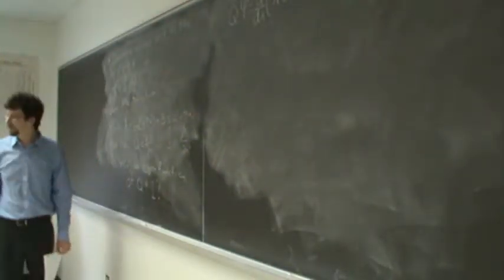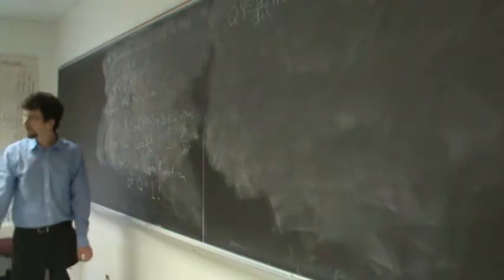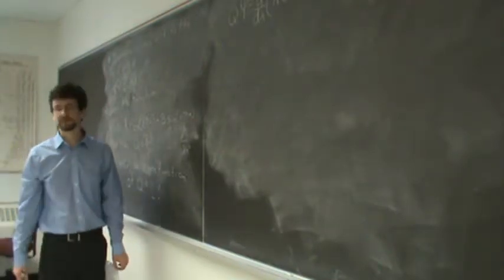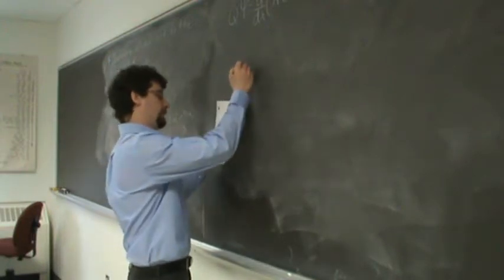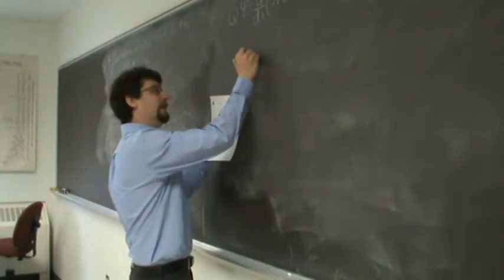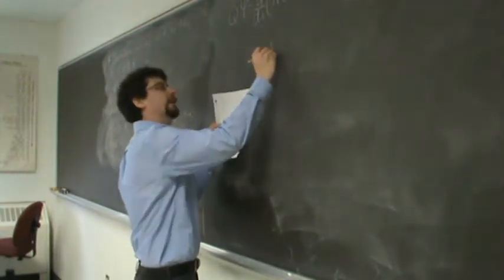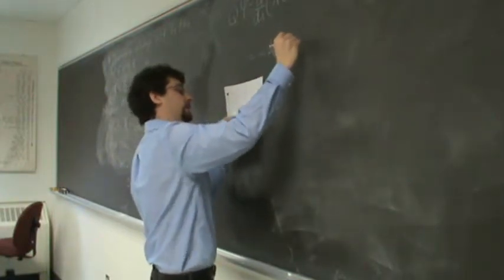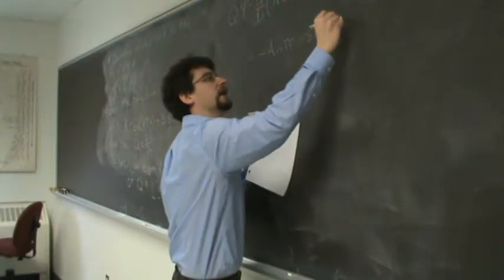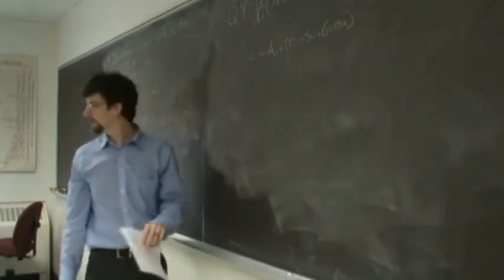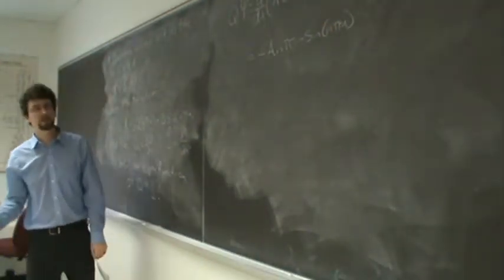Okay, so what's going to be the derivative of that first term, that a cosine? Negative a n pi times sine n pi x, right? Okay, what did you get for the other part?